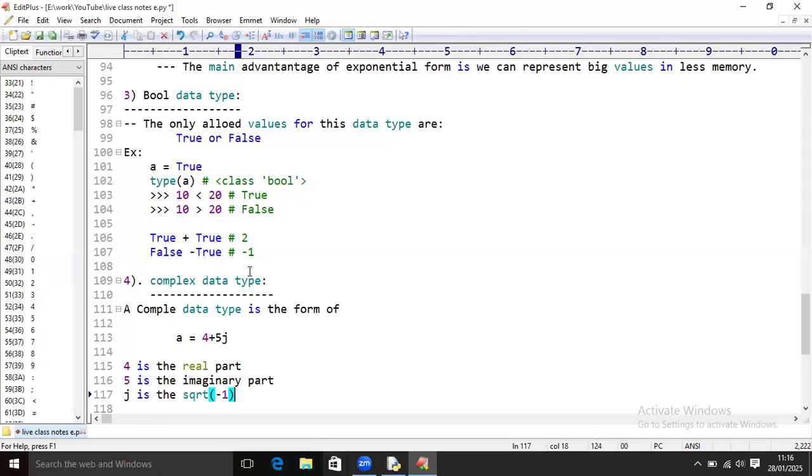Let me give another input to IDLE to know whether it is accepting all kinds of inputs or not.